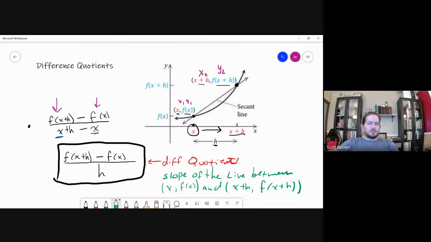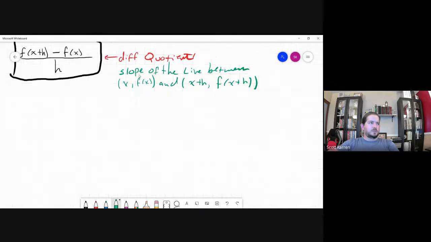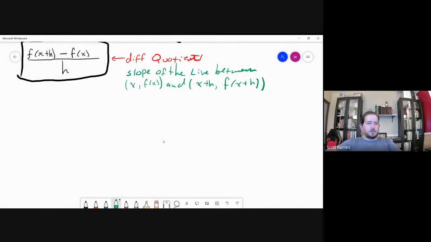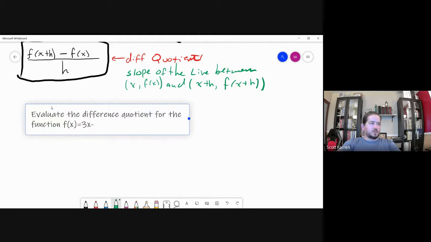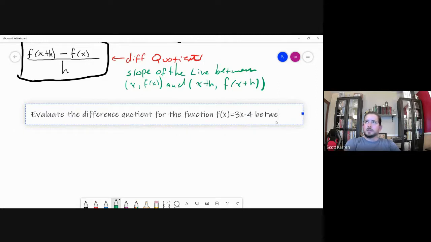Let's use it. Let me scooch this up. We're going to use that. And we want to evaluate the difference quotient for the function, let's say f of x equals 3x minus 4, not just the general one, not between any two values, right?